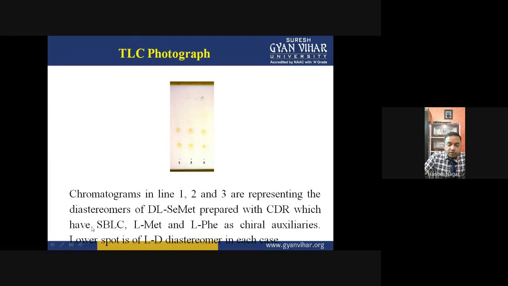Here the lower spot is of the LD diastereomer in each case, and the upper spot is of the LL diastereomer. It means the LD diastereomer is interacting with the reverse phase, the C18 stationary phase, for more time, and the LL diastereomer is interacting for less time.